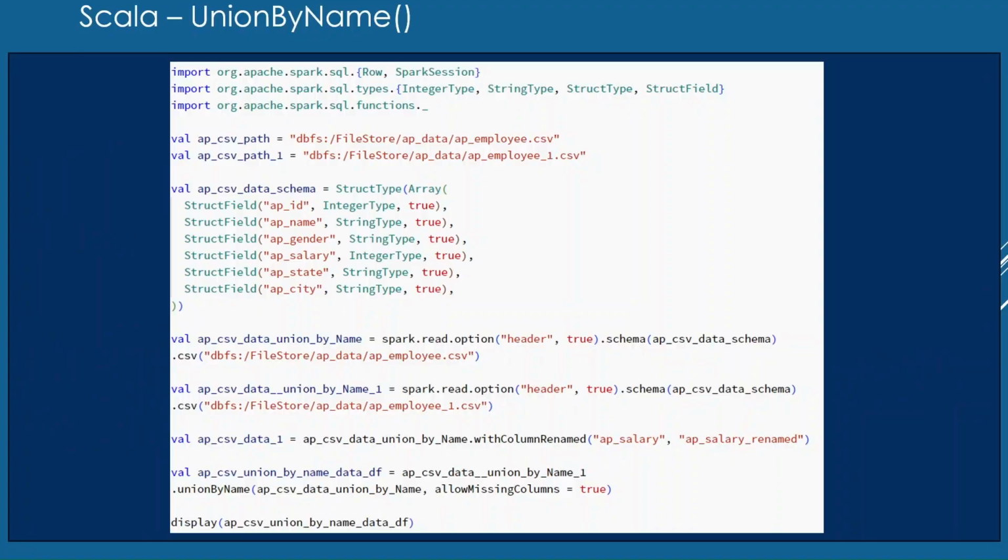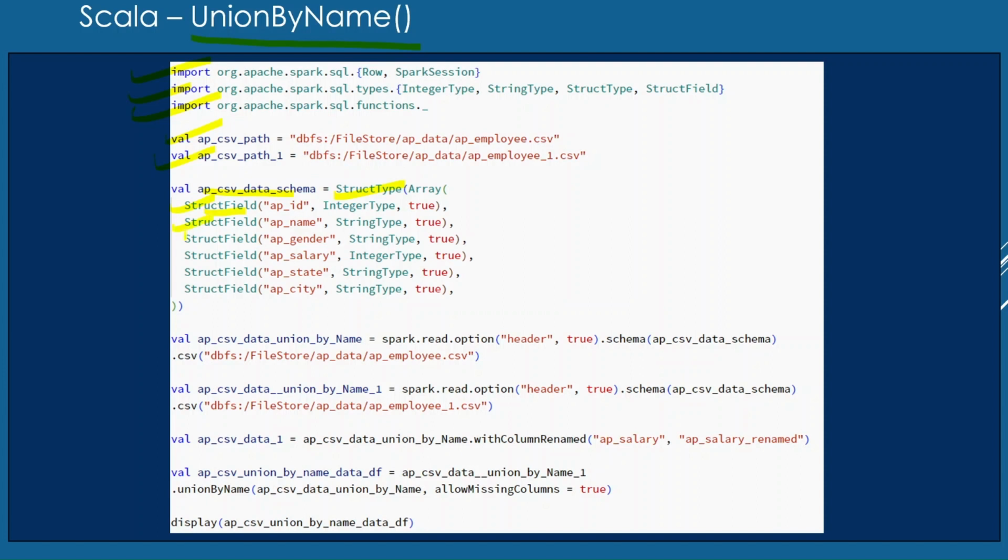In this exercise, we are going to talk about how we can implement the unionByName function. I am importing all the required libraries. I am creating two paths which will hold the addresses of the CSV files which we are going to read. This is the custom schema which we have created with the help of StructType and StructField.